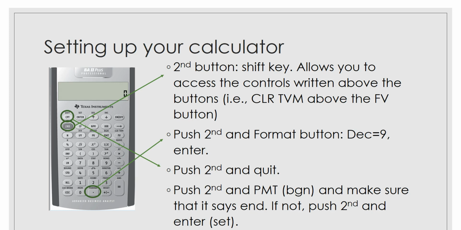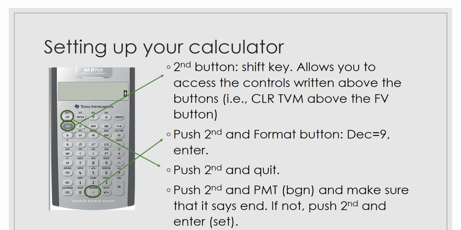So let's first do some housekeeping with your calculator, and this is things that you should only have to do once. We need to make sure that your calculator is formatted correctly. What I mean by that is we want you to have a floating rate decimal display in your display screen.